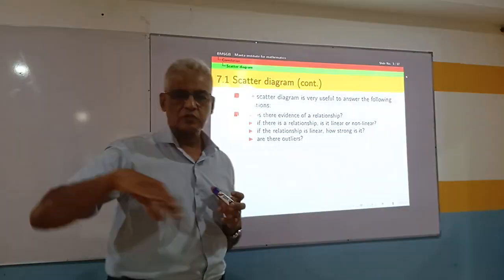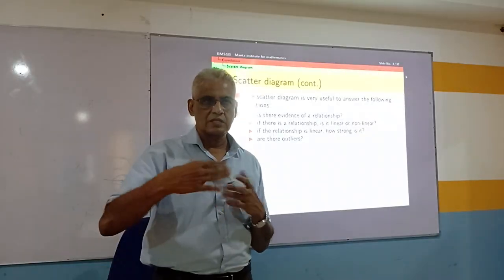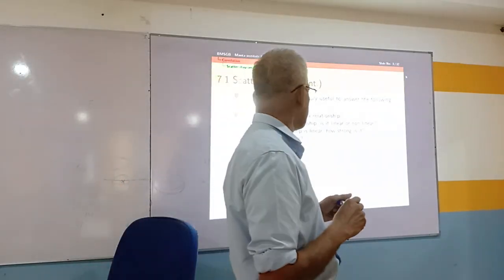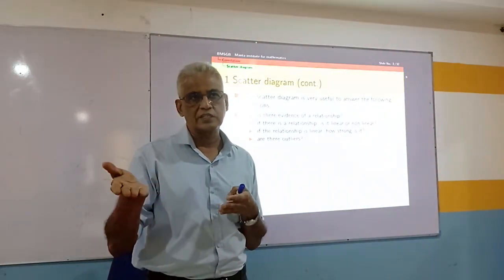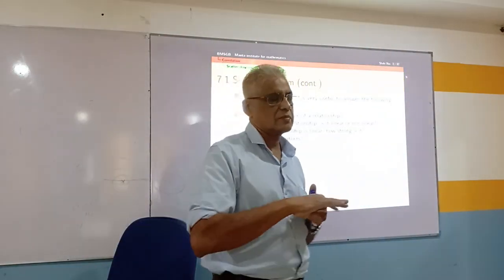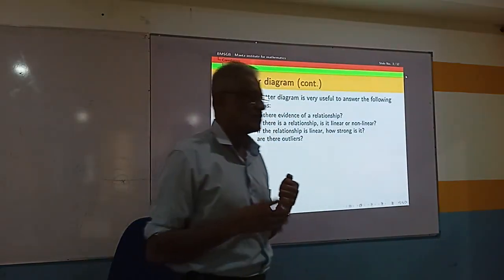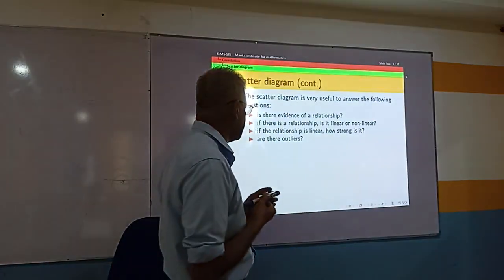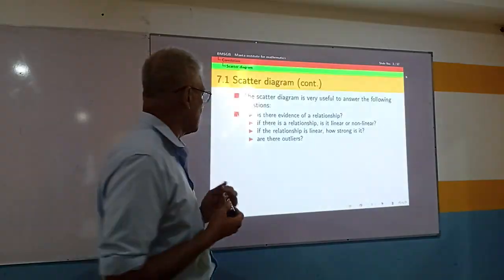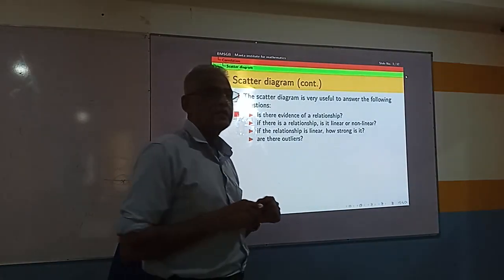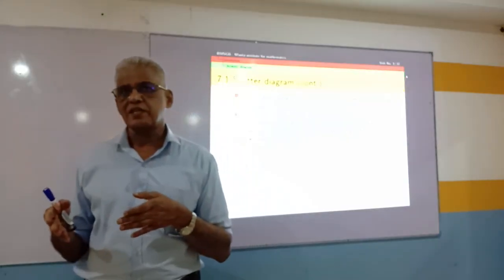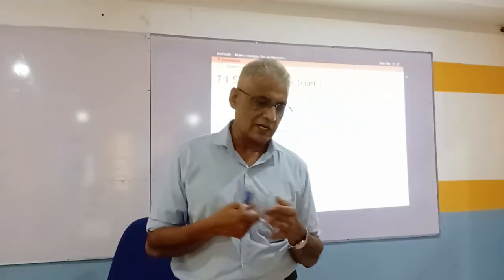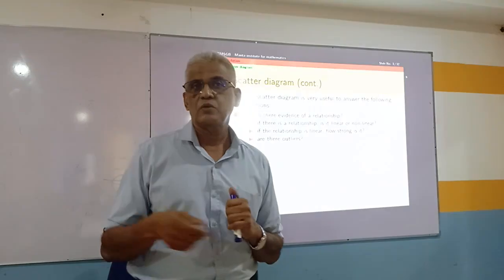If it is close to a straight line, we say there is a linear relationship. They don't have to be exactly on the line to say linear. If they are around some straight line, then we say there is some kind of linear relationship. Otherwise, we call it non-linear. And then, linear or non-linear, is that relationship strong, weak or moderate?